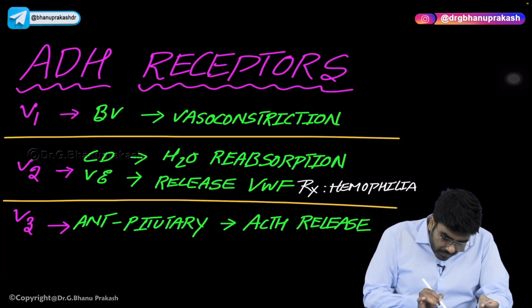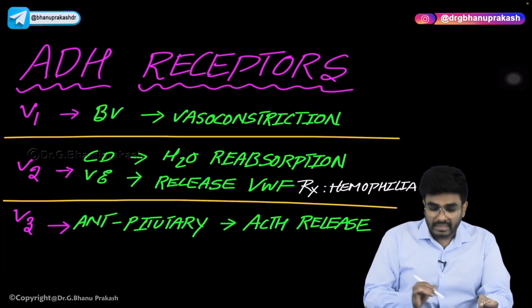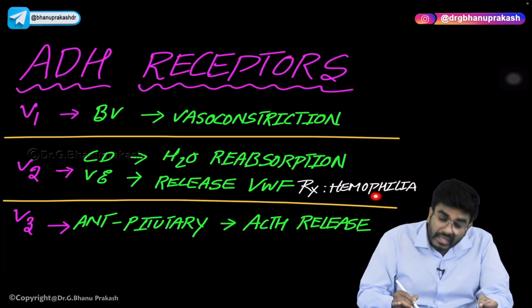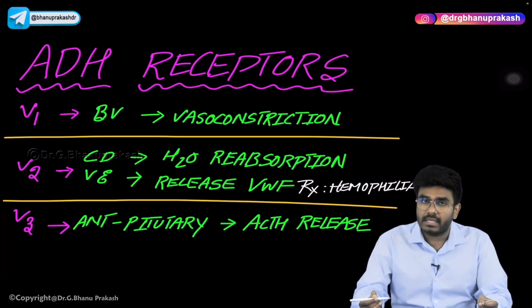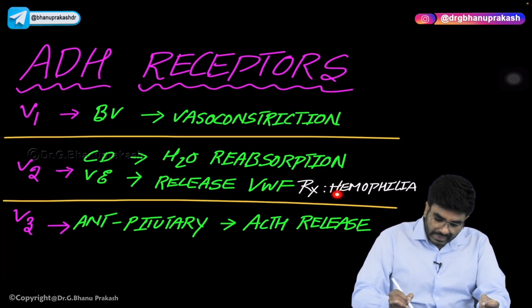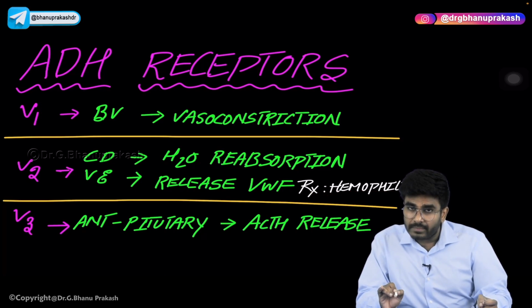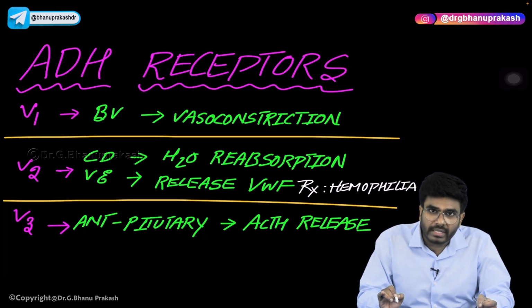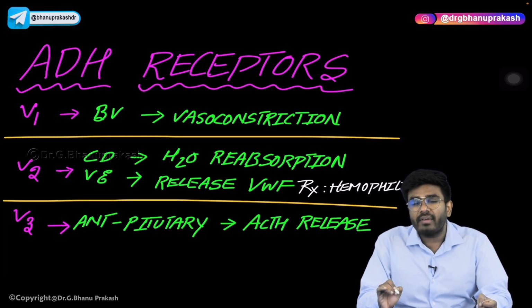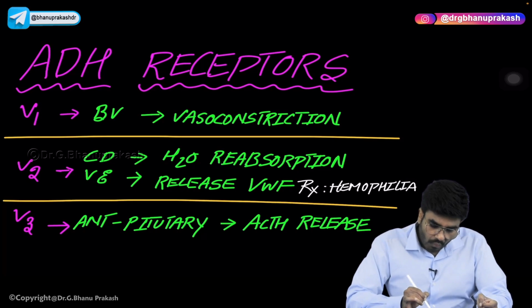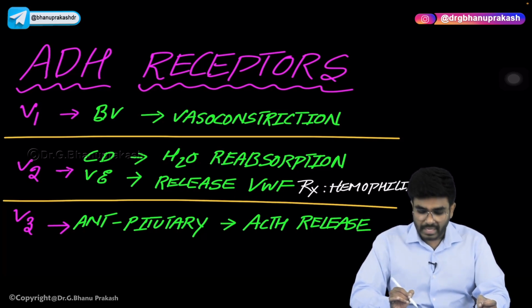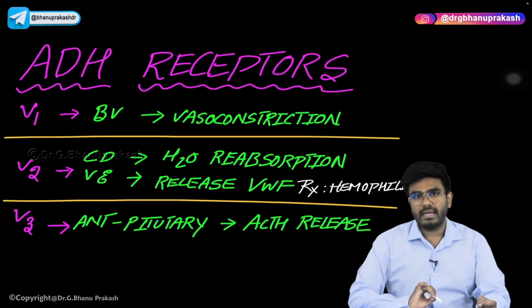So if you stimulate the V2 receptors, that can help in treatment of hemophilia. Hemophilia means bleeding disorders. So hemophilias are treated by stimulating which receptor? The V2 receptor, which is present on vascular endothelium. Stimulation of V2 receptor on vascular endothelium will release which factor? Von Willebrand factor. It helps in treatment of hemophilias.